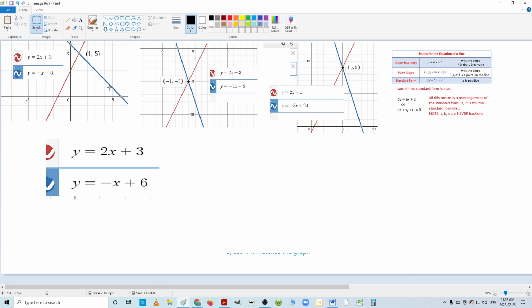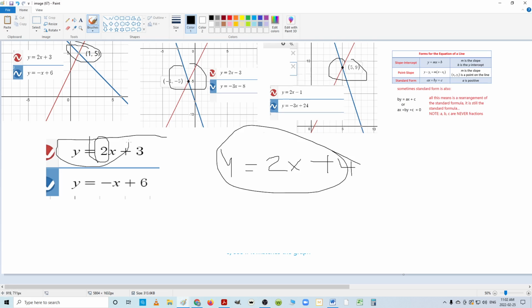Well, if you'll notice these lines, lines only ever meet in one spot. The only times lines don't meet is in a parallel line. Parallel lines will never meet, and parallel lines would all have the same slope. So you would see y is equal to 2x plus 4. This line here and this line will never meet because they have the same slope and different intercepts.